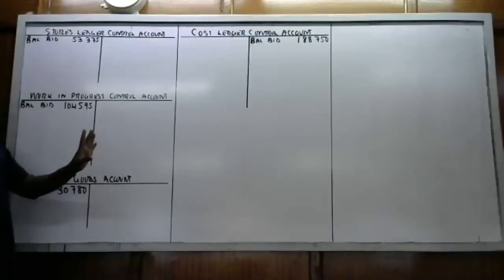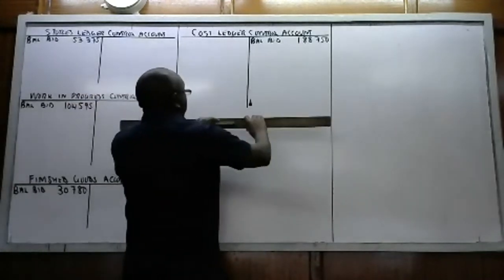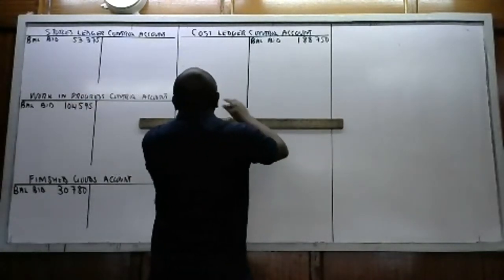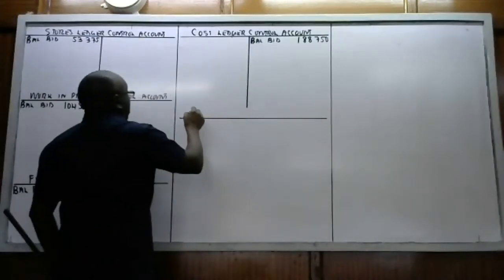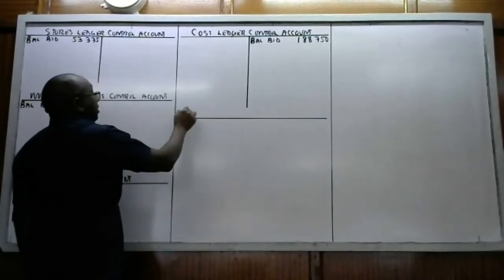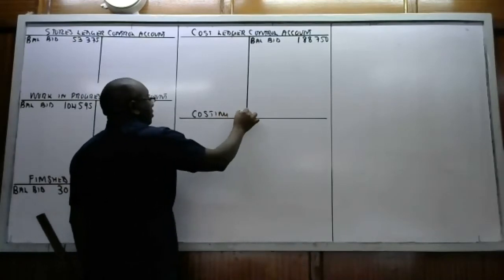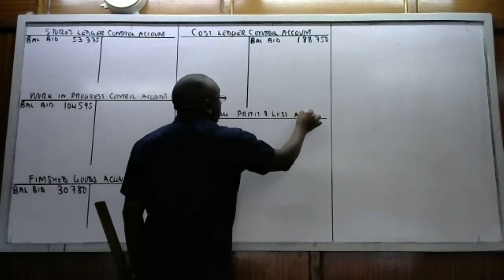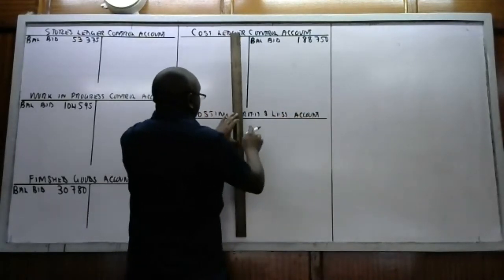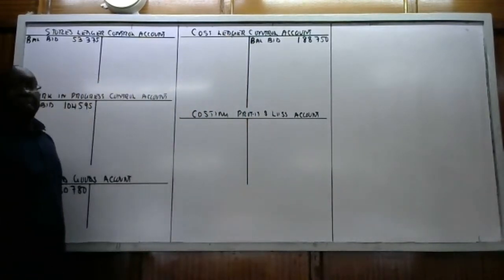If they were not okay, you would have opened costing profit and loss account, giving it 5 to 6 lines.